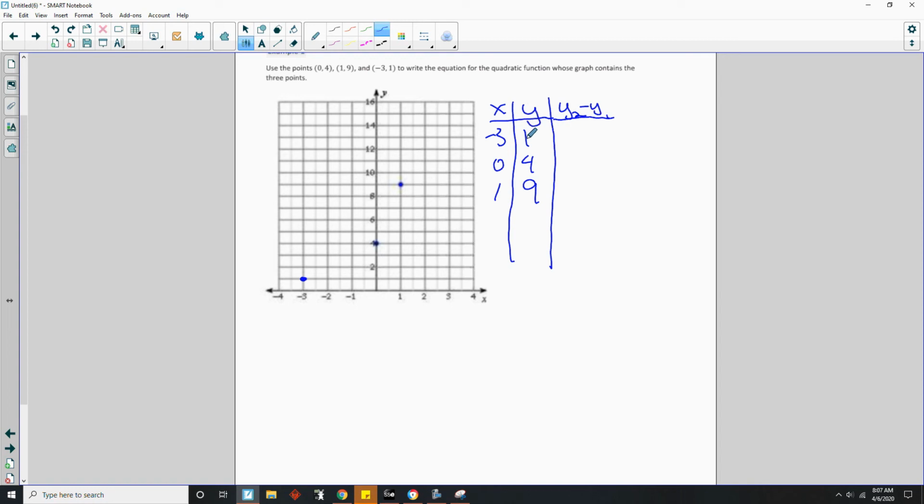So if this is my y2 and this is my y1, it would be 4 minus 1, which is 3. If this were my y2 and this were my y1, 9 minus 4 is 5. And then I could call this one my second difference. Well, the difference between 5 and 3 is 2. So then I can choose other values that would make this true.